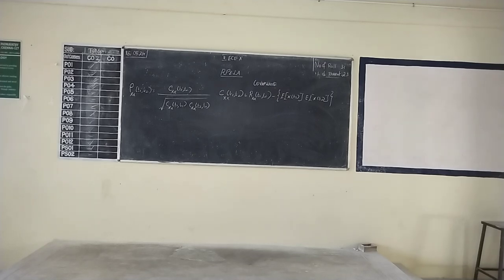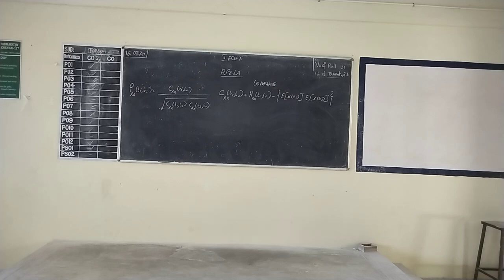It is like the integral of x square f of x dx. Right or not? Similar one. So when t2 is equal to t1, Rxx will become expectation of x of t1 square, minus what happened to the second term? Expectation of x of t1 the whole square.